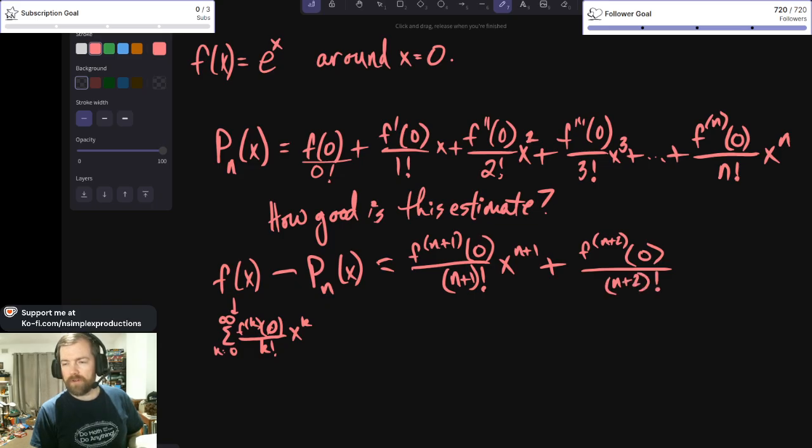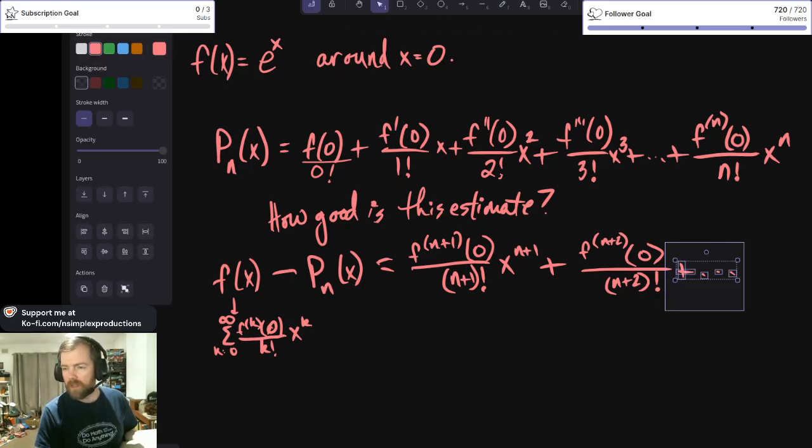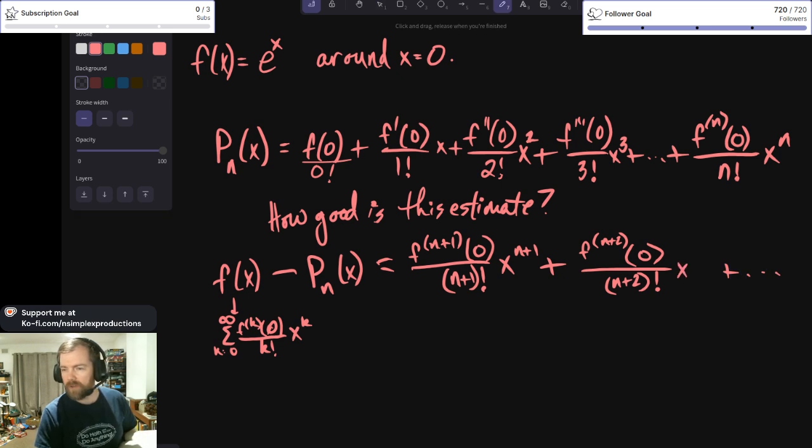And then this pattern is going to keep on forever. Times the term x to the n plus 2. Right? So this goes on forever and ever.